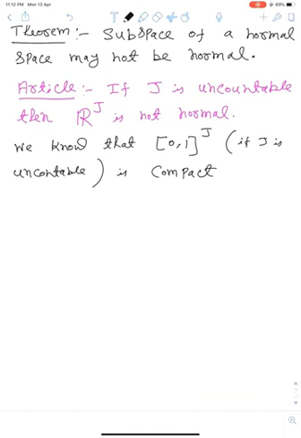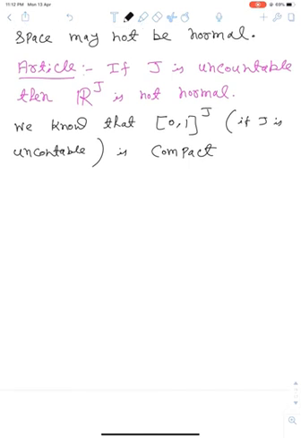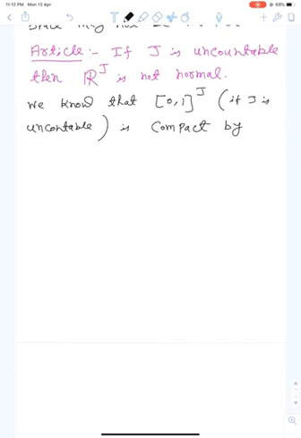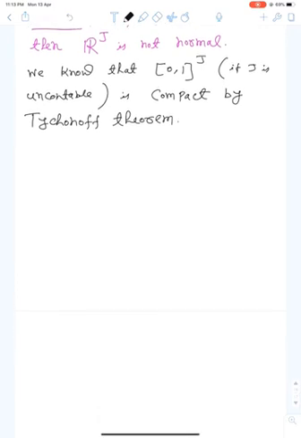We know that an arbitrary product of [0,1], that is of compact sets, is compact. Why? By the Tikhonov theorem, right? So now let X equal [0,1]^J with the product topology.